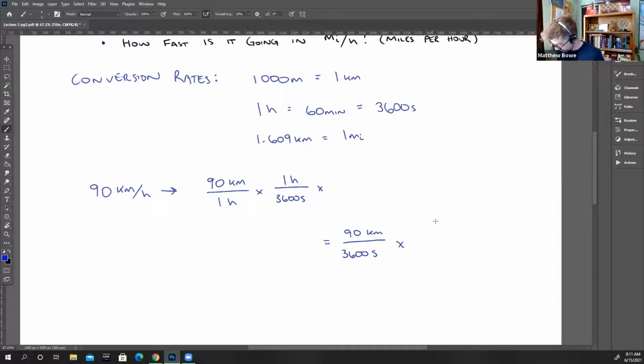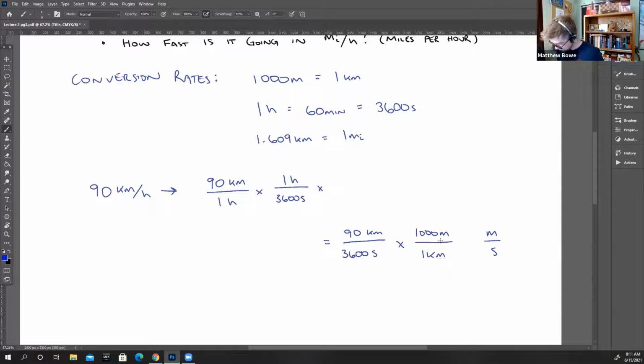first, what do I want to get? I want to have meters on the top, seconds on the bottom. So I need to cancel out kilometers. So I'm going to use this conversion rate up here and have 1 kilometer is how many meters? 1,000 meters.